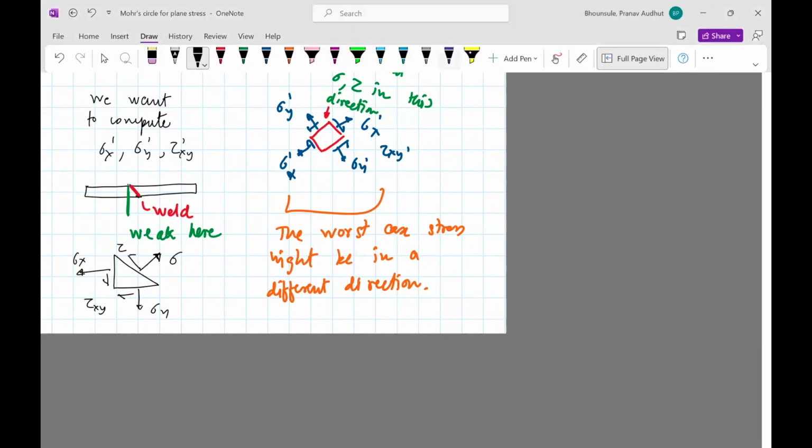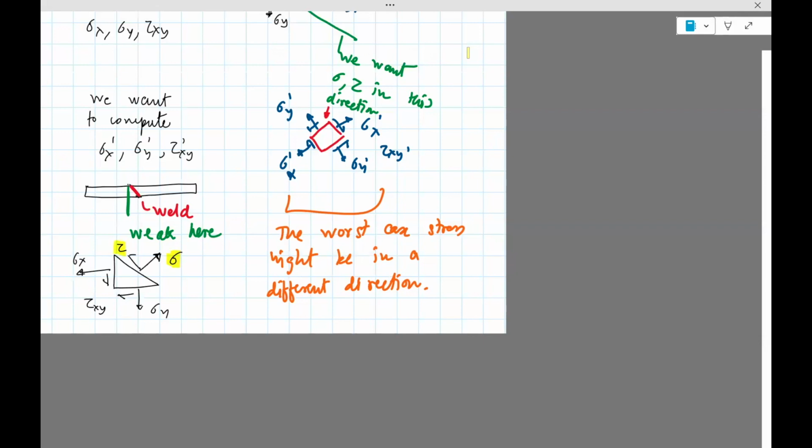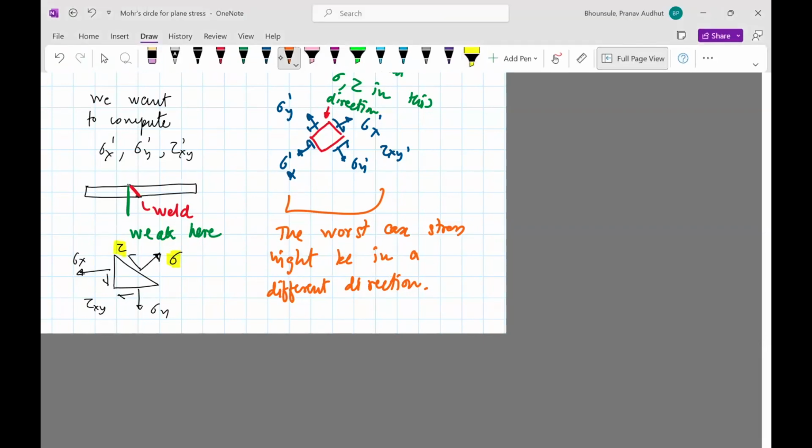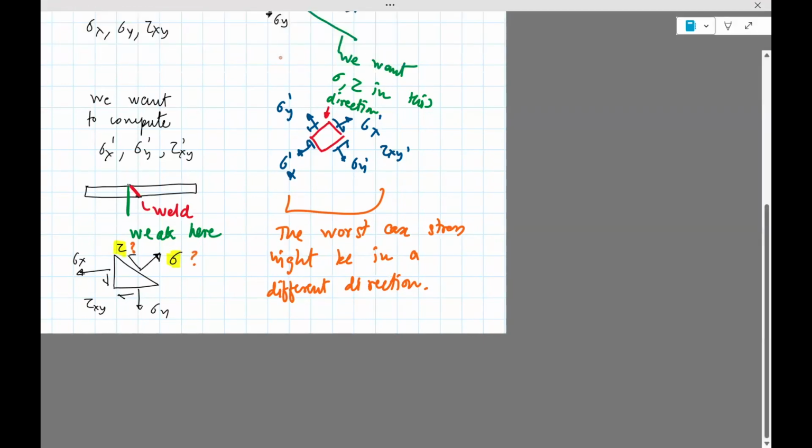So these are unknowns. I want to compute those stresses, and I know these stresses. And of course, I also have been given the angle theta. Okay, so that's the motivation. Let me write down one sentence about what Mohr's circle actually does.